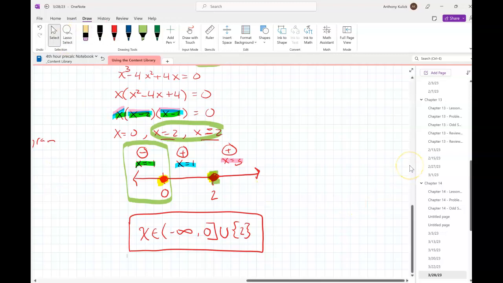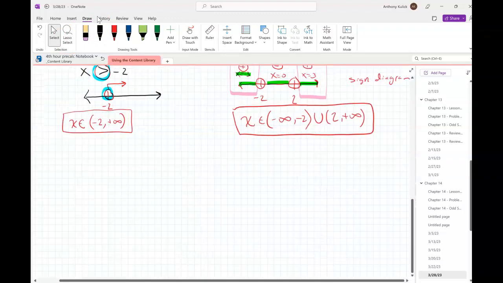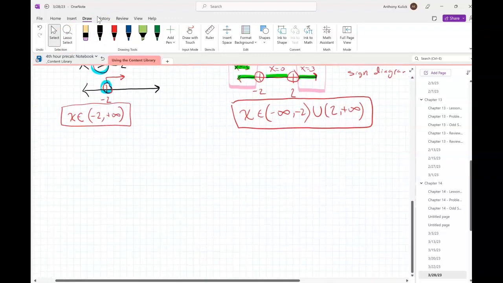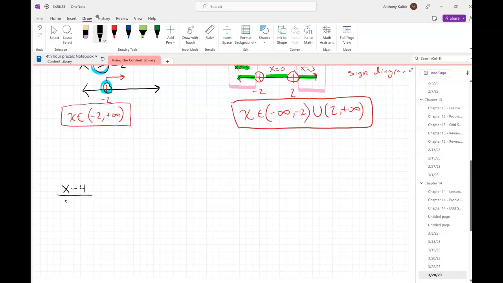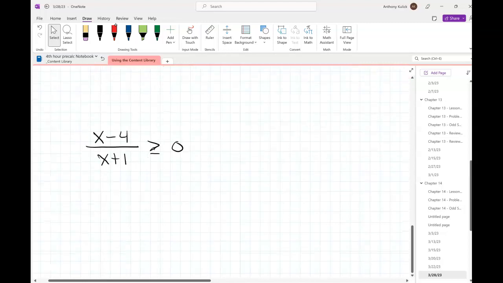All right. Let's look at one of these where I have a rational function now. Everybody okay?